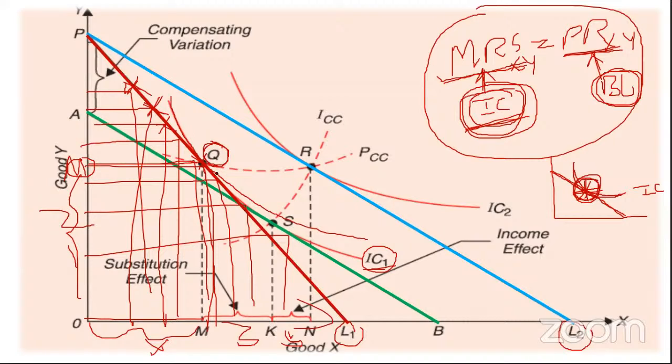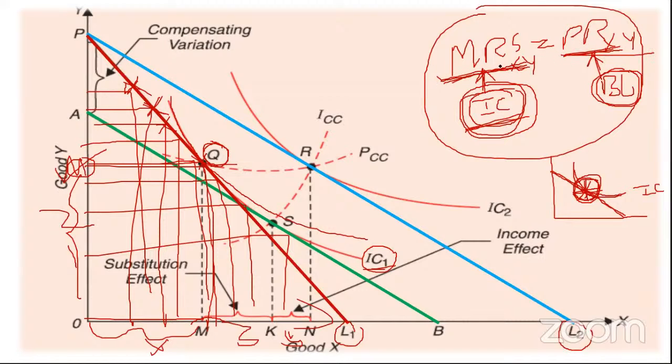What is important to identify the equilibrium position is the point at which the budget line, or price line, is tangent with the indifference curve. At that point the consumer is getting maximum satisfaction from good Y and good X. This is also important: the slope of the indifference curve represents the marginal rate of substitution, and the slope of the budget line represents the price ratio.